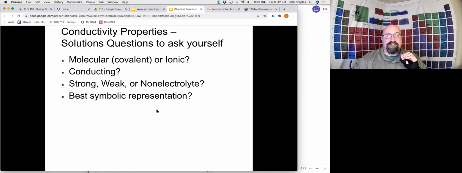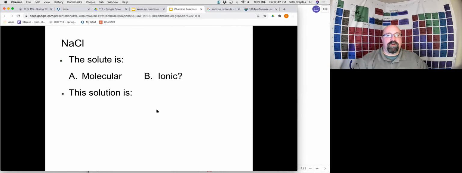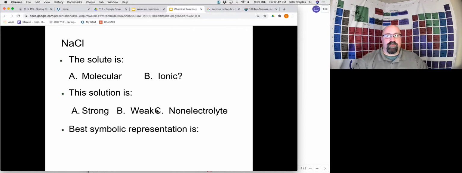And finally, what's the best way to represent the dissolution of that compound when we dissolve it in water? So NaCl. We ask ourselves first, is it molecular or ionic? We know that it is ionic, which means that it's going to be a strong electrolyte, which means that we're going to represent it as Na+ and Cl-.